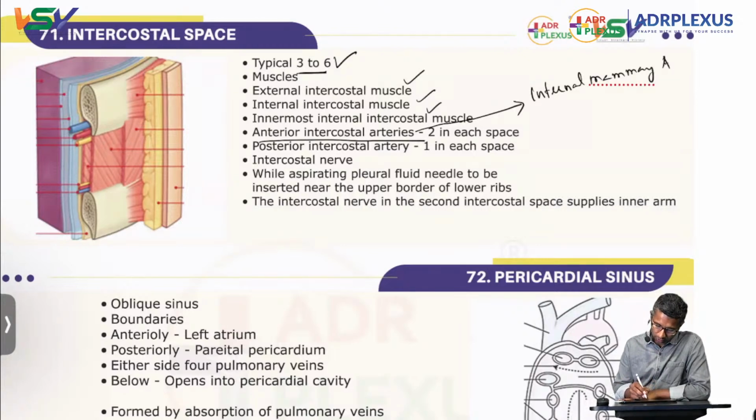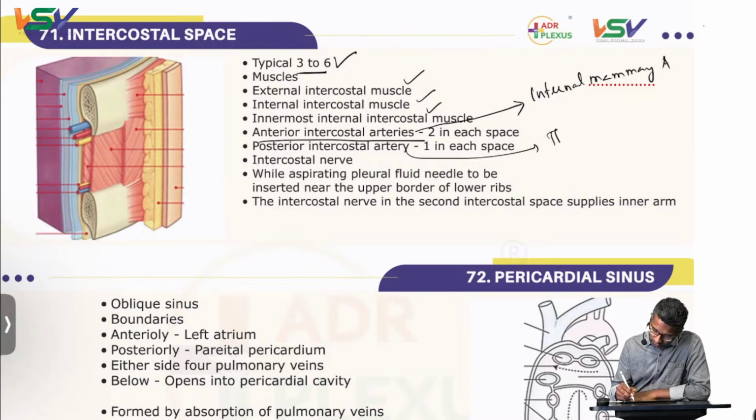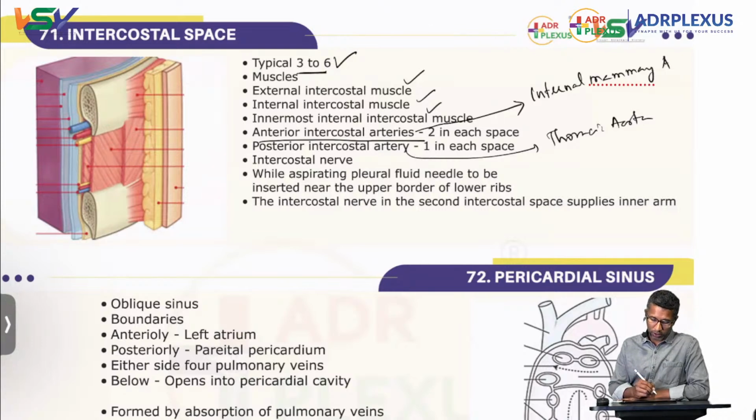And the posterior intercostal arteries are branches of the thoracic aorta. Each posterior intercostal artery gives a collateral branch which runs on the lower part of the space, which you can see in the diagram also.